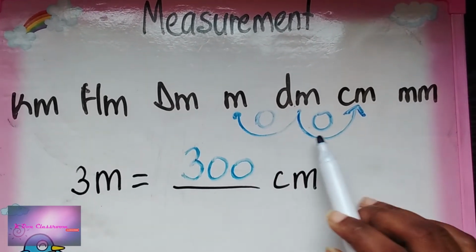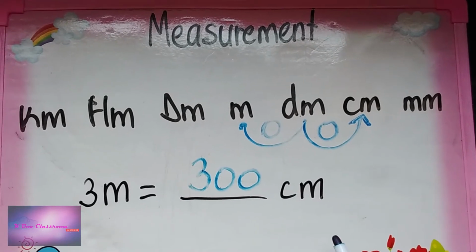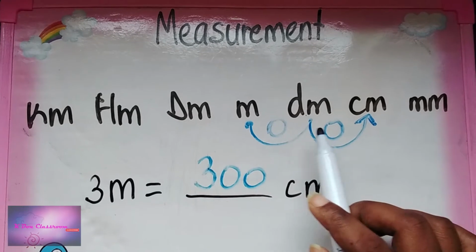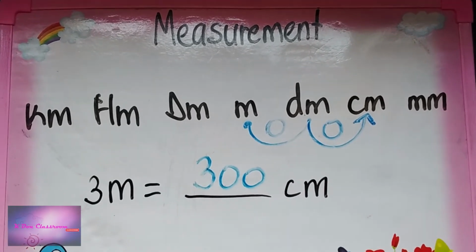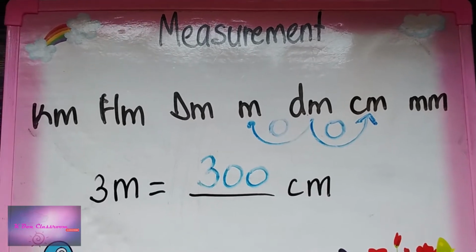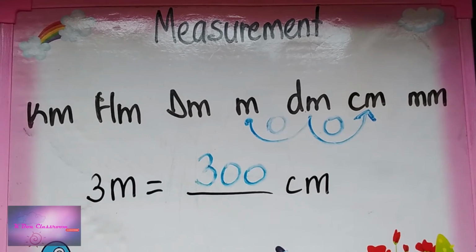If I did not want to do it this way, I could use a power of 10 to arrive at my answer. Which power of 10 has 2 zeros with it? 100. So I know that I'm going to use 100 to change my answer.